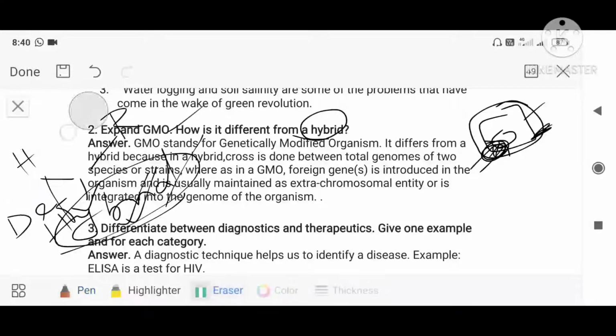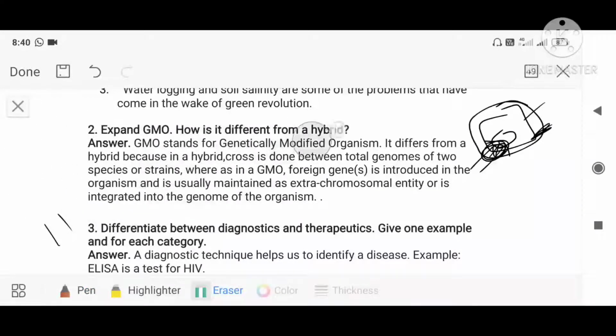That is why the hybrid is different from GMO, because hybrid cross is done between the total genomes of two species. Totally the genomes are getting crossed over and a new species is formed. Okay. You cannot particularly select and do it, but GMO is an extra chromosomal entity. Okay. So, exactly the gene I want can be introduced.